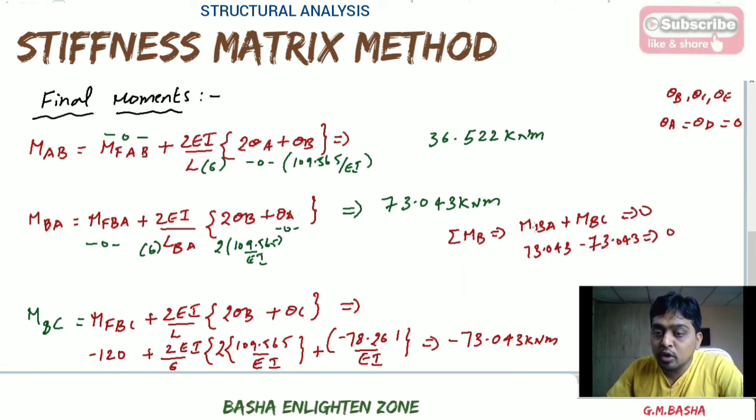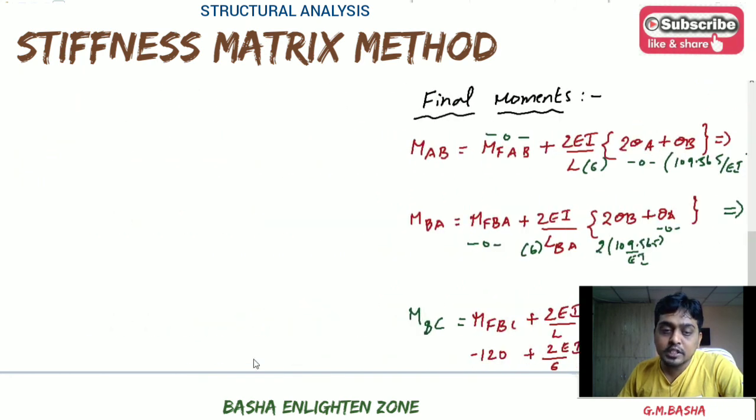Means whatever moment is obtained here, you will get the same moment with opposite sign. Then at that particular joint, those moments will be equal to 0. Means MBA will be equal to 73.043, and here you take down directly minus 73.043 kilonewton meters for the remaining joint, which is BC. Okay.